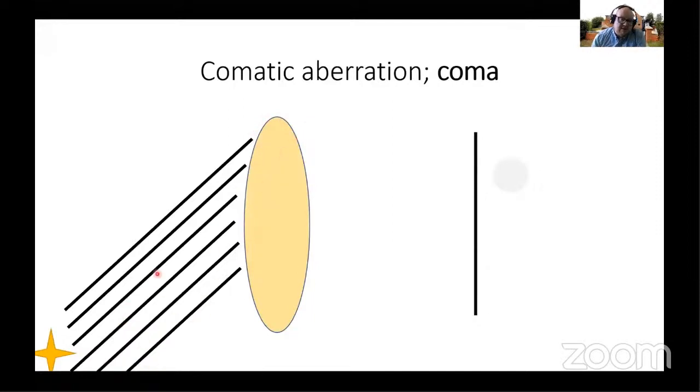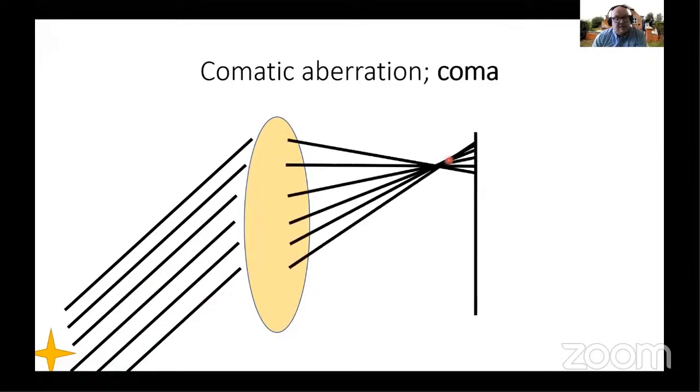So again, we've got parallel beams of light coming in obliquely to this lens, and here's the focal plane. And what happens is the lens is bending all these paths of light to a slightly different extent, and where they all merge is actually not on the focal plane.